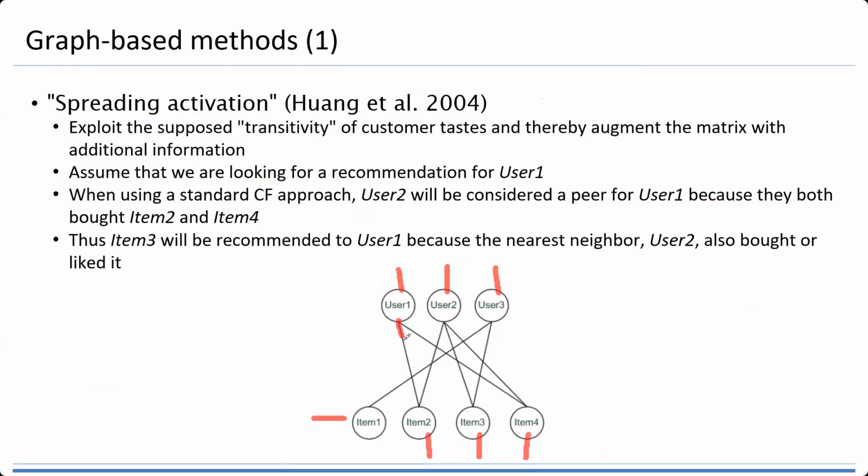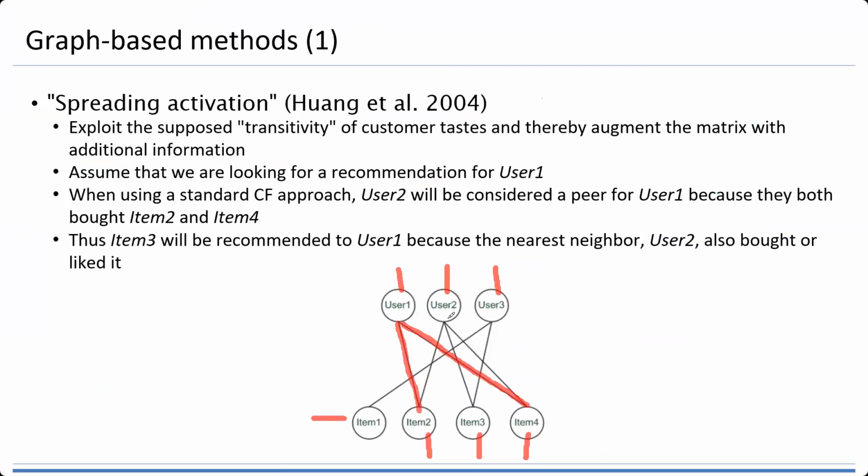The line or edge represents that user 1 has interest in item 2, and user 1 has interest in item 4.